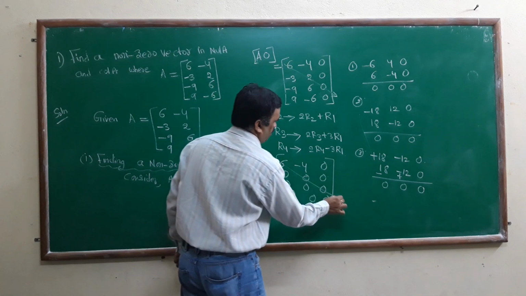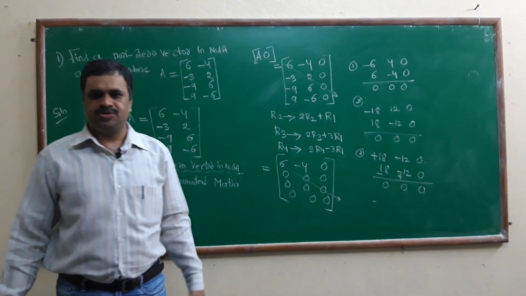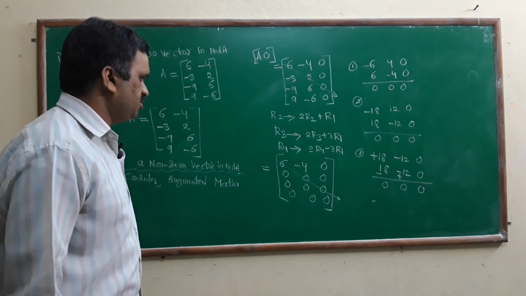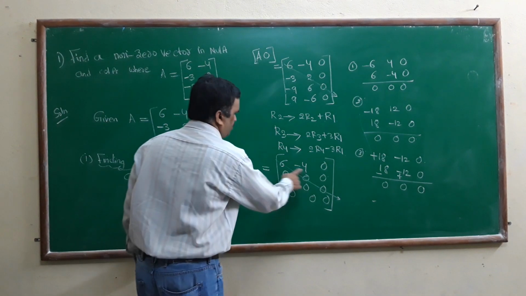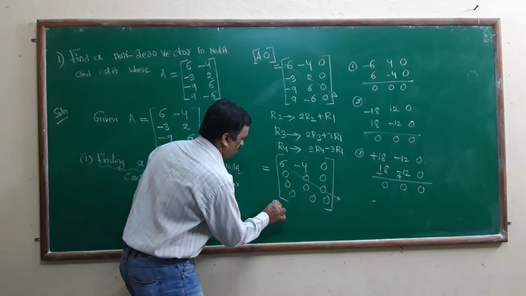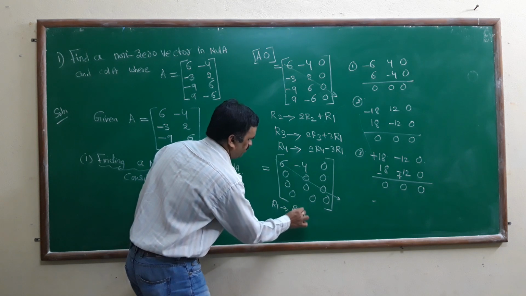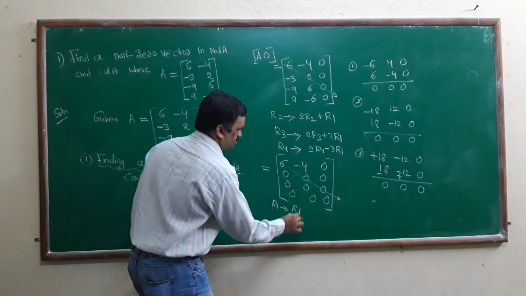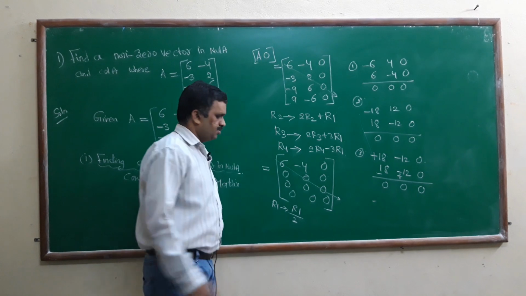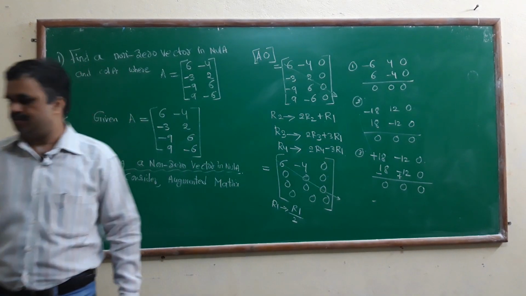I tried for echelon form, and almost all these elements are zero. Now I can reduce it also: R1 becomes R1 by 2.